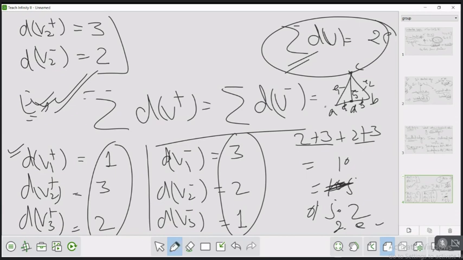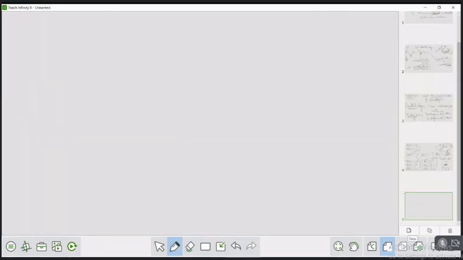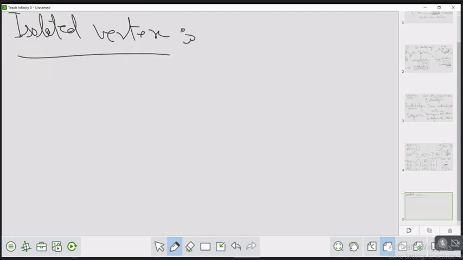Now we move to the isolated vertex. What do you mean by an isolated vertex?